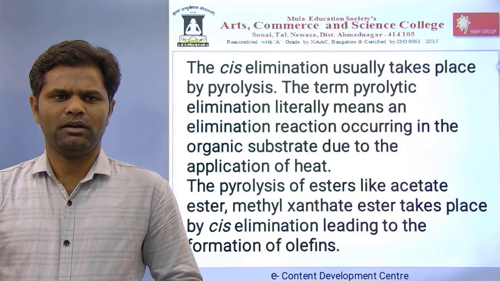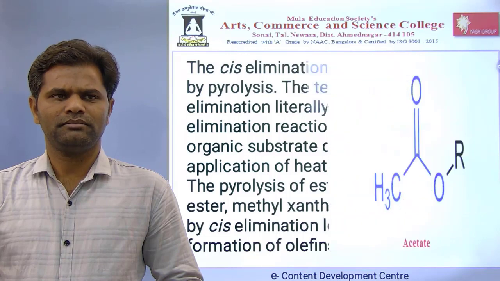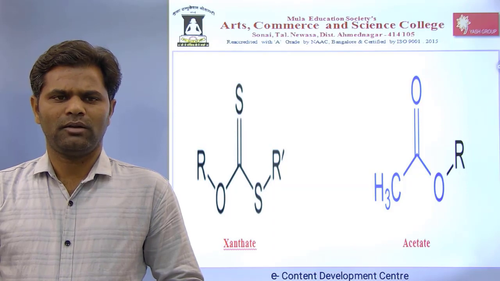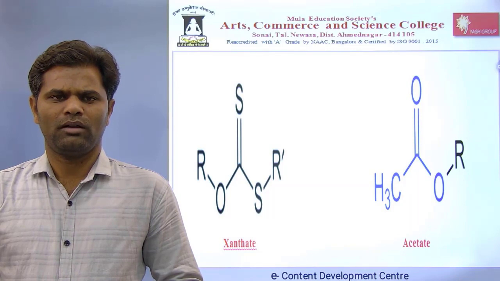If we consider some examples like acetate ester, methyl xanthate ester, which take place by cis elimination. Consider this one, xanthate group R O C double bond S S R prime. This is xanthate group, and another one is the acetate group CH3 C double bond O O R. We are going to see the pyrolysis of xanthate and acetate in detail in next slide.